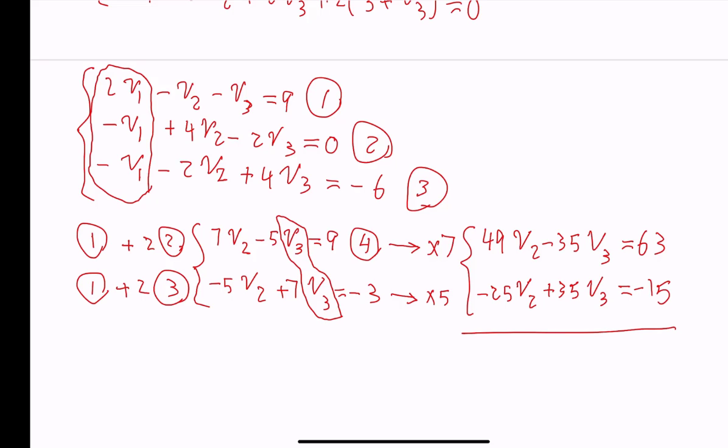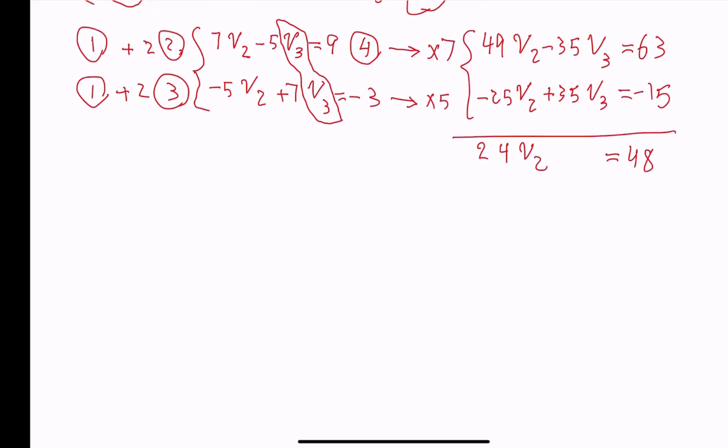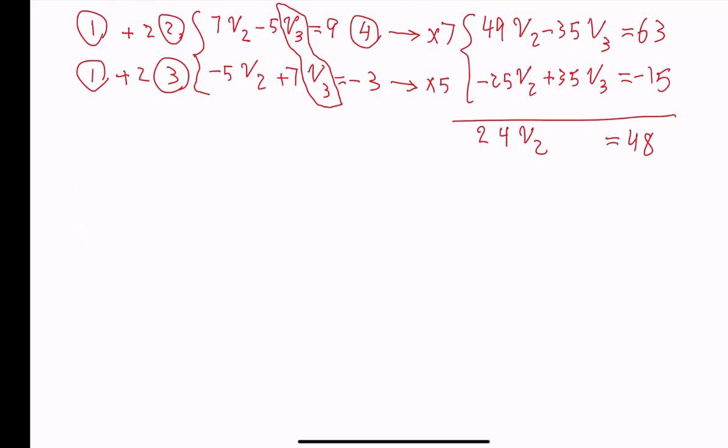And if we add this up, v3 will cancel out. We end up with 24v2 equal to 48. So v2 is equal to 2 volts.